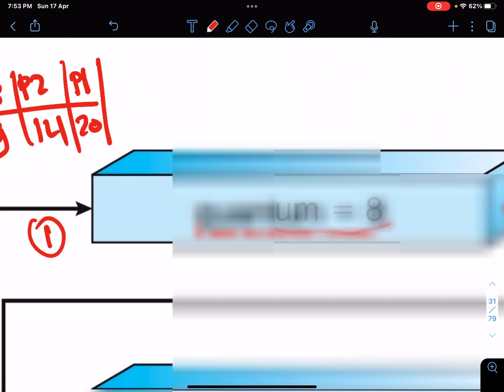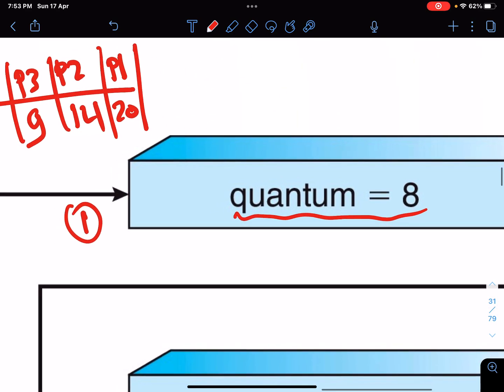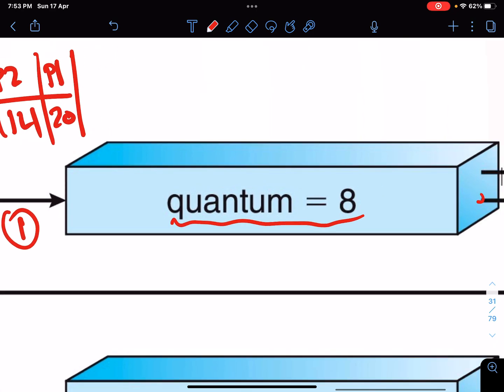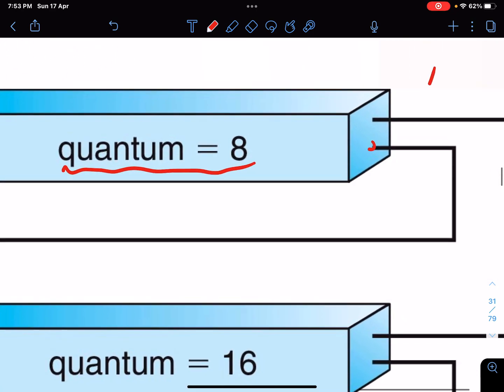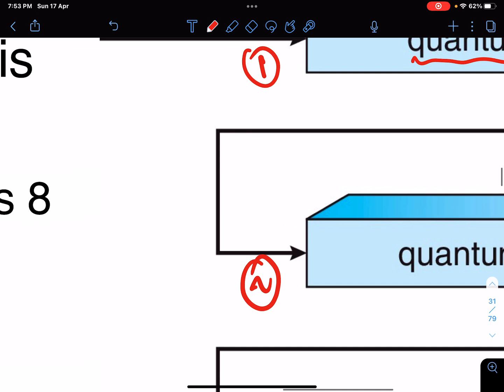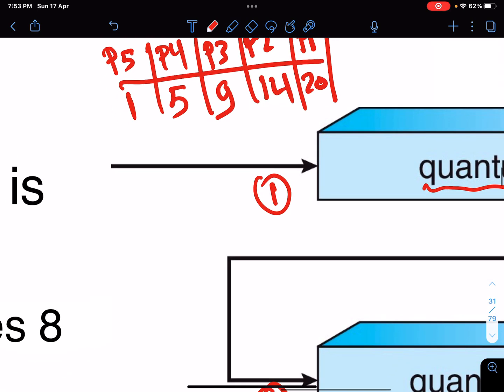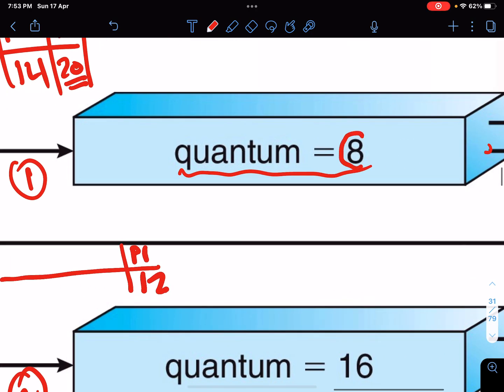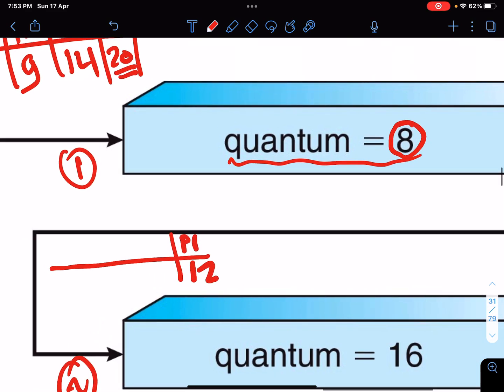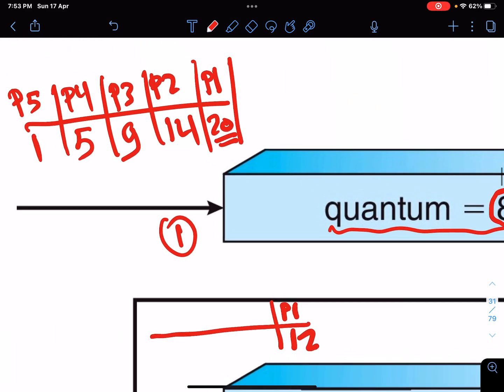Process 1 will go to this queue. The quantum here is 8, so P1 will be processed here for 8 time units and come to the next queue with a time of 12. Why 12? It was initially 20, and you processed 8, so the remaining is 12.